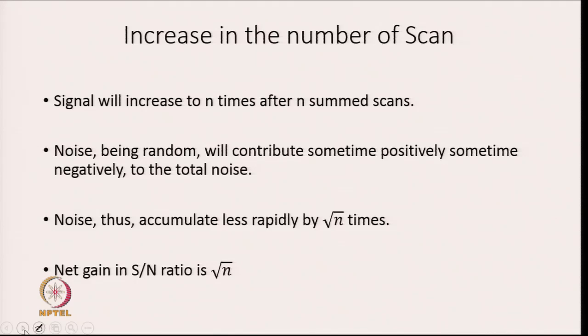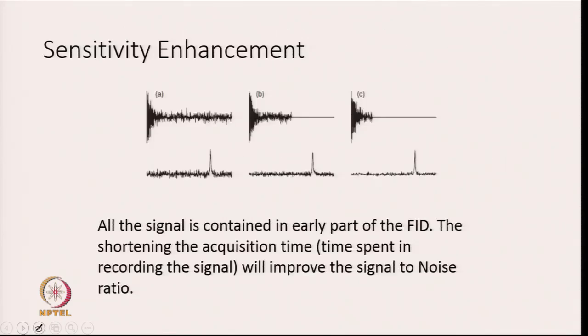This we have already discussed. This is before acquiring the signal. Now, we can also do sensitivity enhancement when we are processing the data. These things need to be kept in mind when you are processing NMR signal. So, here are the three cases.